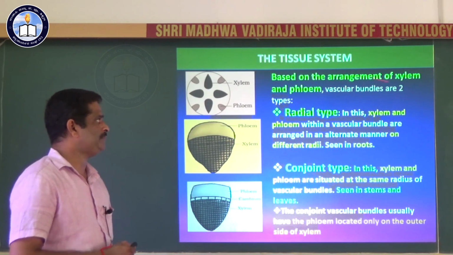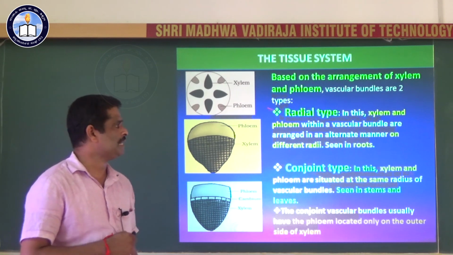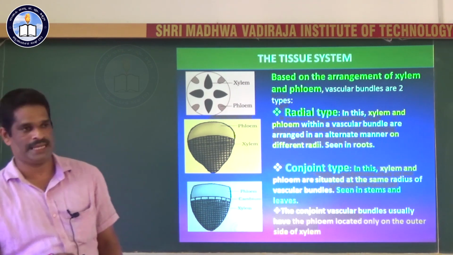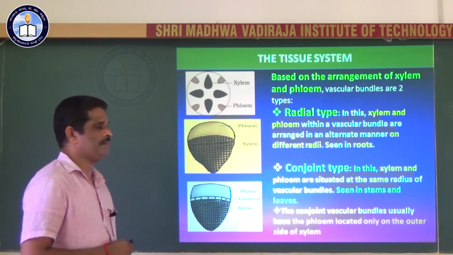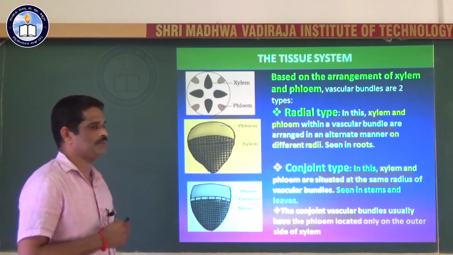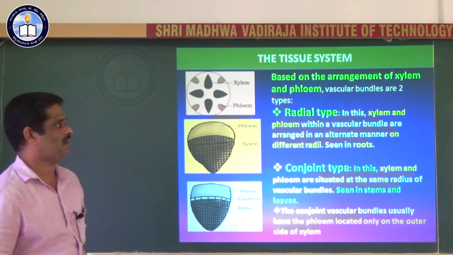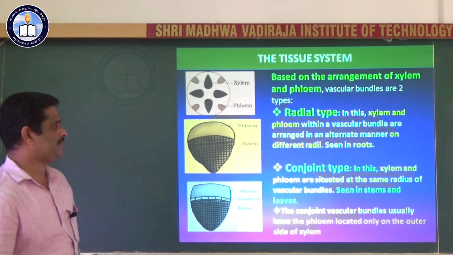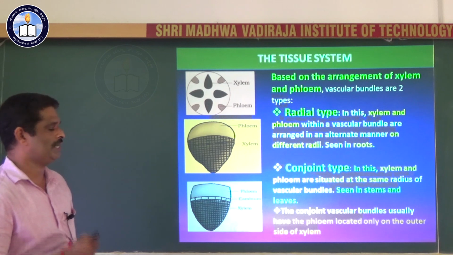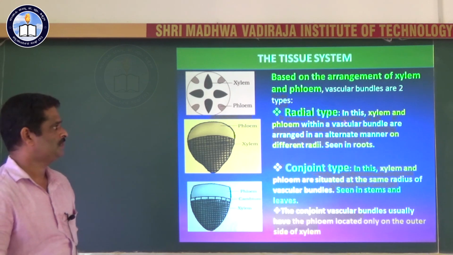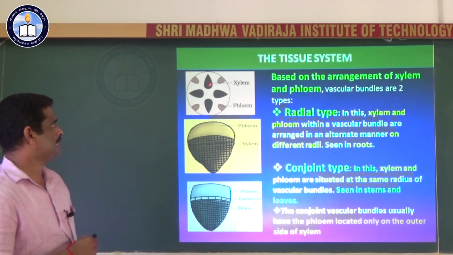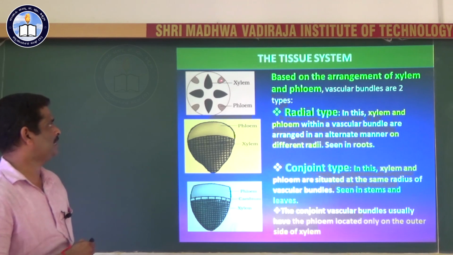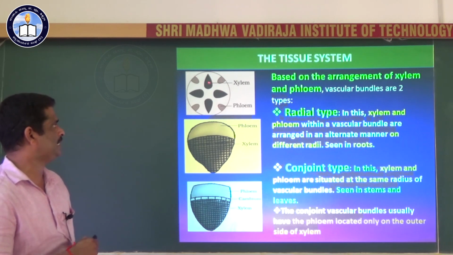Based on the arrangement of xylem and phloem, vascular bundles are classified into two types: radial vascular bundle and conjoint vascular bundle. What is a radial vascular bundle? See here, the xylem patches alternate with the phloem patches in two different radii.